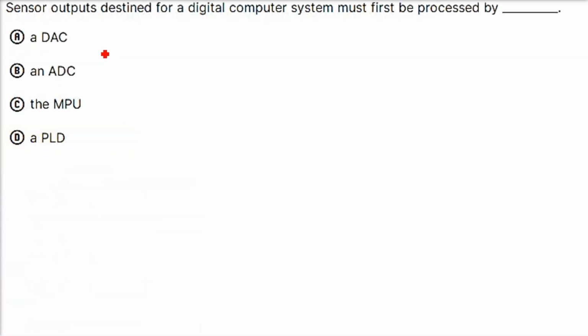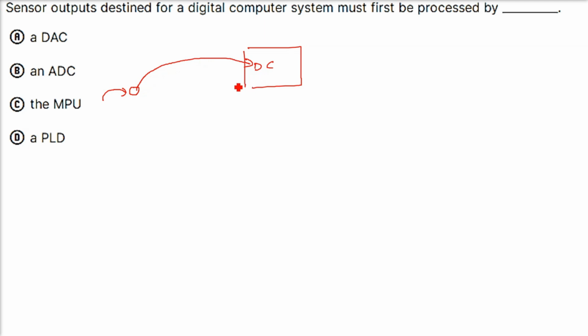Sensor outputs destined for a digital computer system must first be processed by what? A sensor is a physical device which senses a certain physical parameter, converts it into digital signals and then transfers it. For example, how does Google know where the traffic is, where it is not, which road is closed?